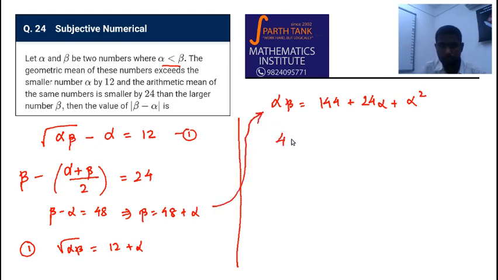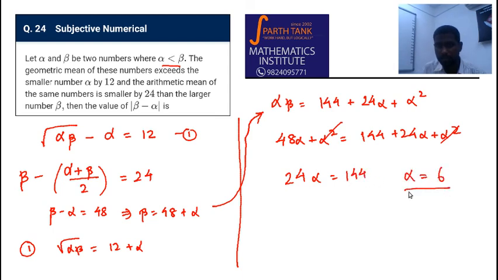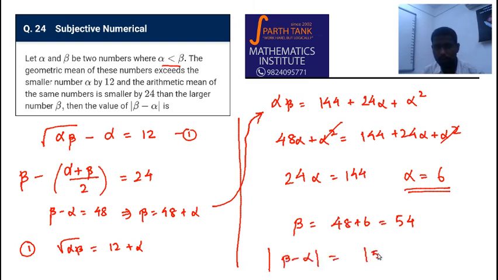So 48 alpha plus alpha squared is equal to 144 plus 24 alpha plus alpha squared. Alpha squared is gone, so 24 alpha is 144, or alpha is 6. This gives us beta is 48 plus 6, 54. So mod of beta minus alpha is mod of 54 minus 6, which is 48. So the answer to this is 48.